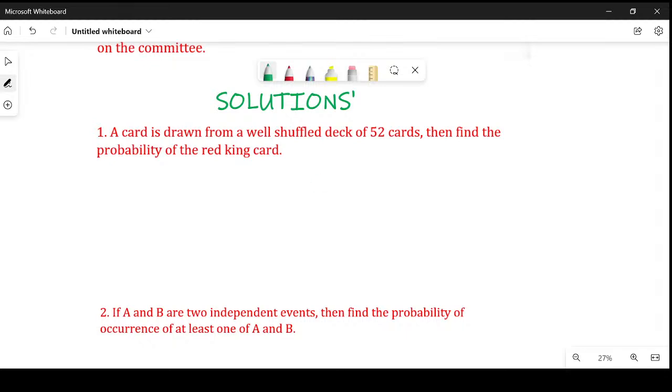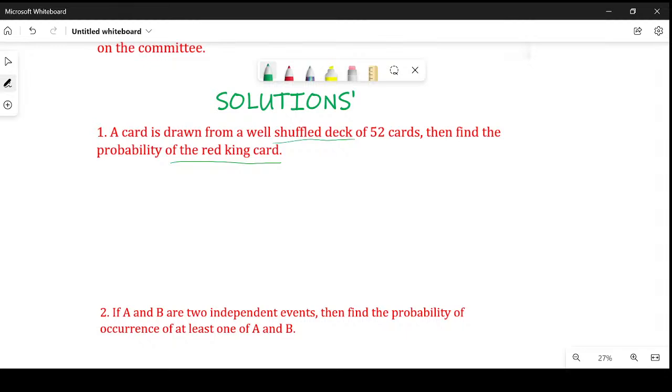A card is drawn from a well-shuffled deck of 52 cards. Then find the probability of a red king card.